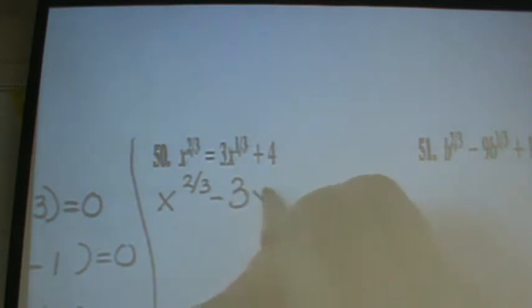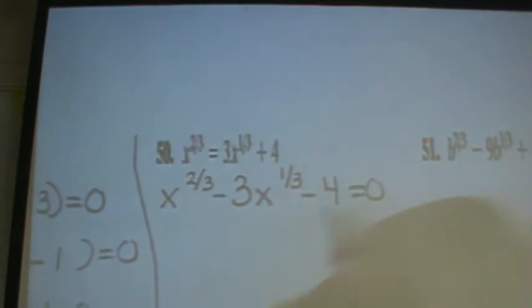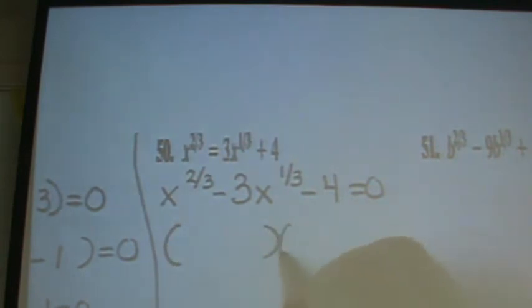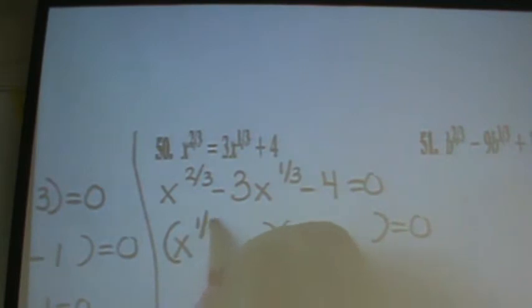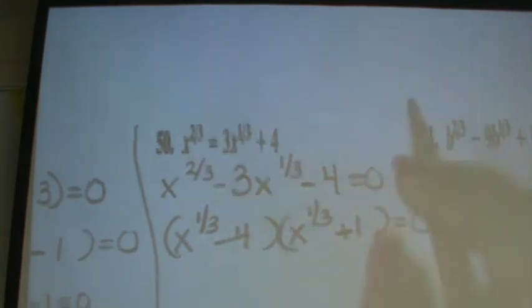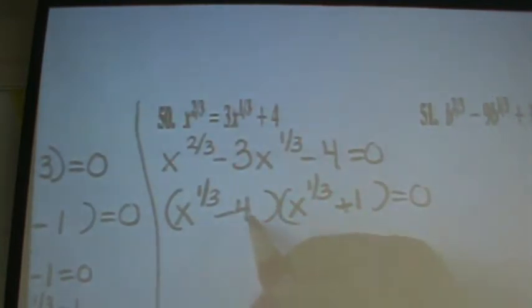Number 50, get everything on one side, x to the 2/3 minus 3, x to the 1/3 minus 4, set it equal to 0. Factor x to the 1/3, x to the 1/3. What two numbers multiply to give you negative 4 but add to be negative 3? It would be negative 4 and 1. So we're going to set each of these equal to 0.